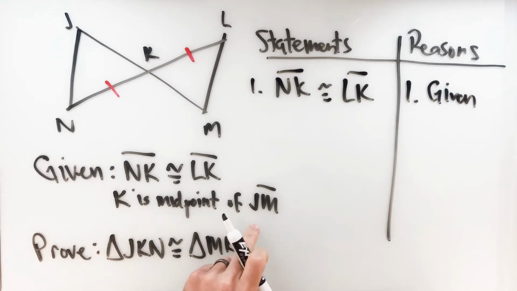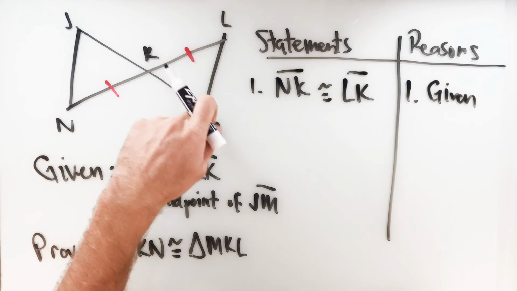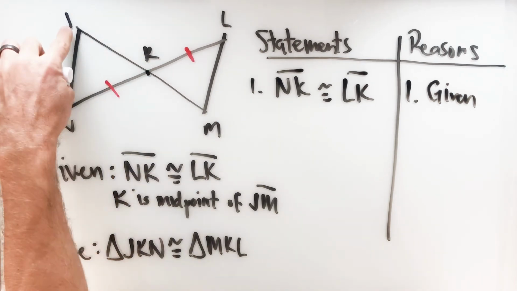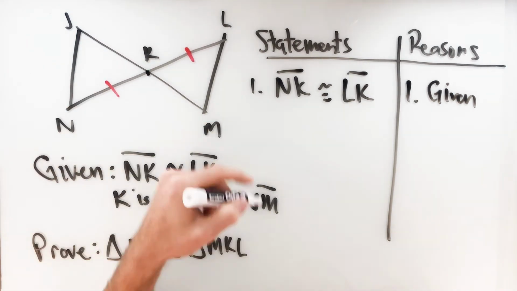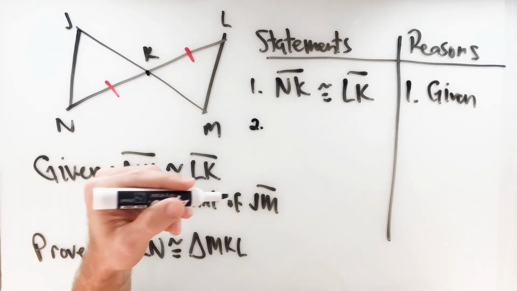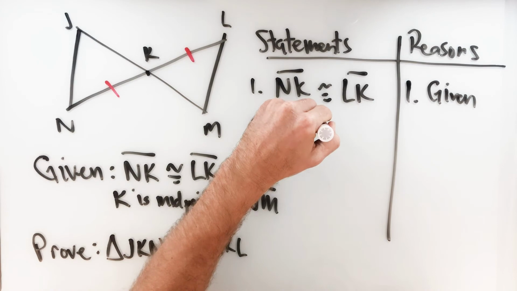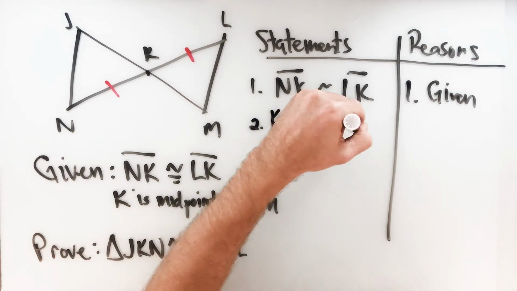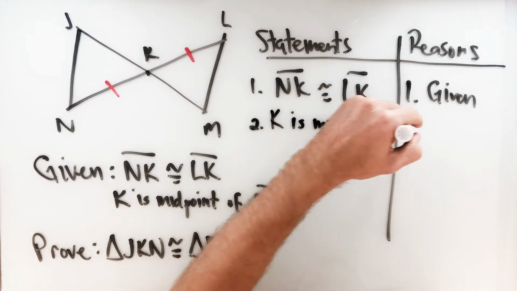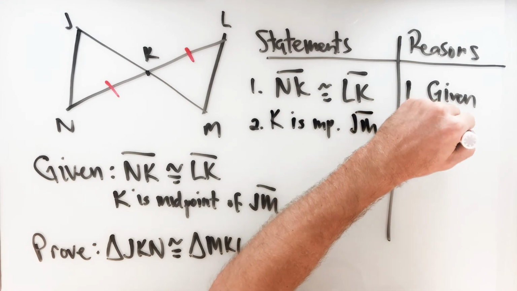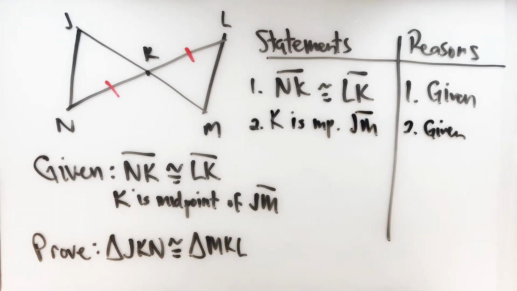It says K is the midpoint of JM, so right there is halfway between J and M. We're going to make that statement, and we know that's true because it is given as well. So K, I'm going to abbreviate a little bit here, is the midpoint, MP, of JM, which is given.